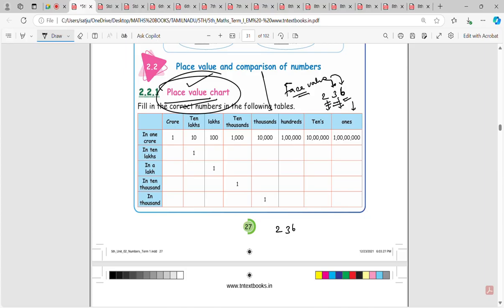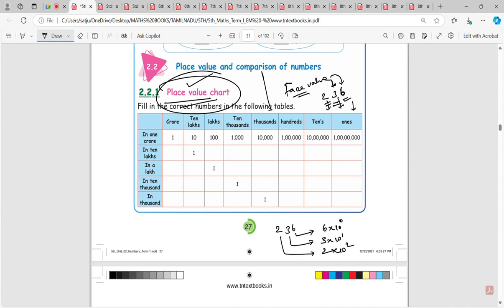Now try to understand here. Whatever is present in the ones place has to be multiplied with 10 power 0. Whatever is present in the tens place has to be multiplied with 10 power 1. Whatever is present in the hundreds place has to be multiplied with 10 power 2.